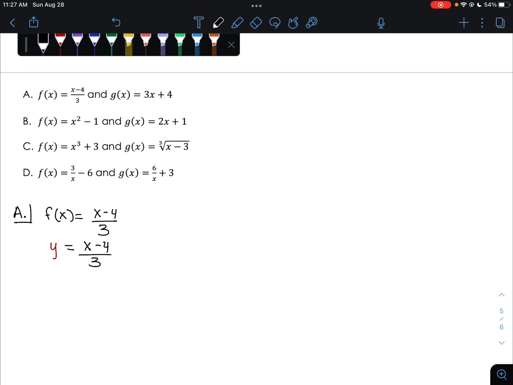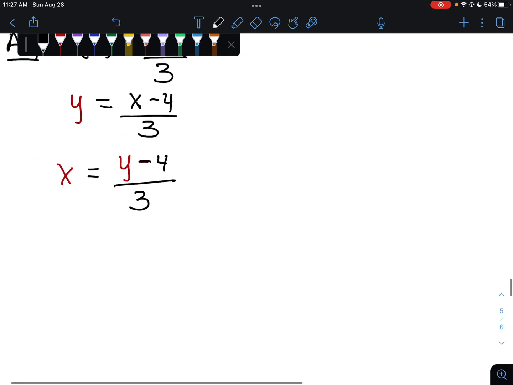I am going to switch my x and my y values, so I get x equals (y minus 4) divided by 3. If I want to solve this right here, I will multiply both sides by 3.